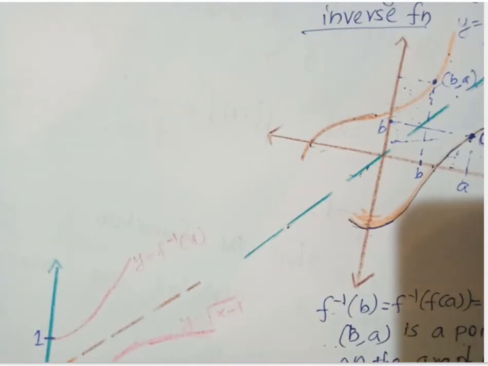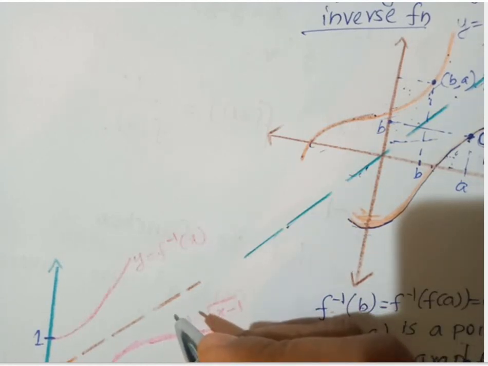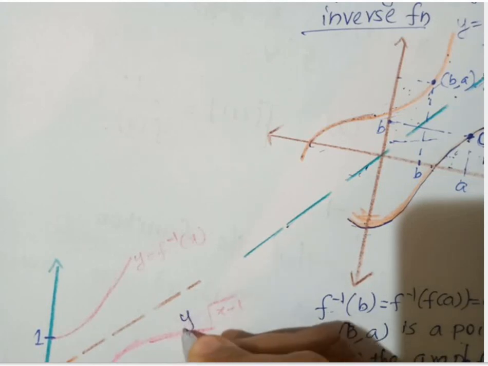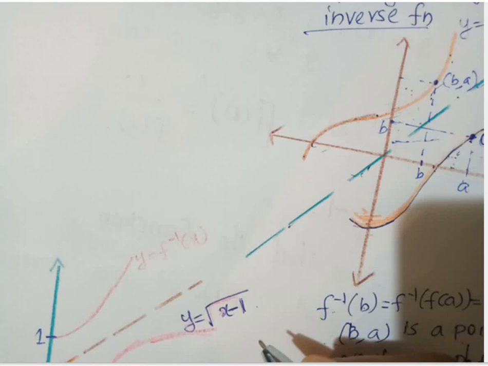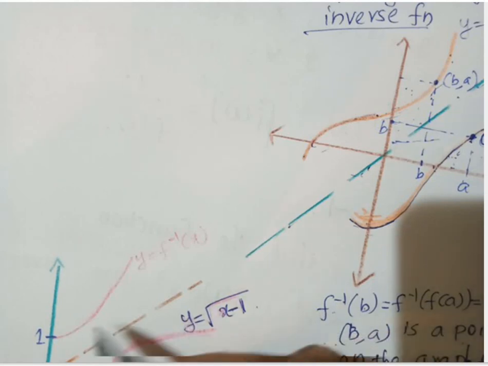Similarly here, this is y equal to root of x minus 1, and this is its inverse.